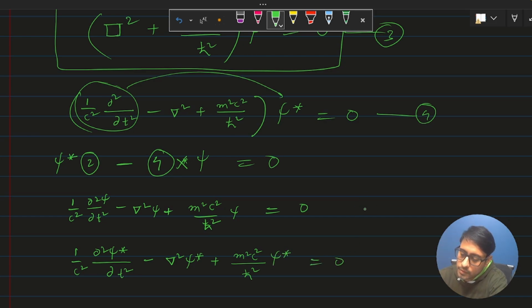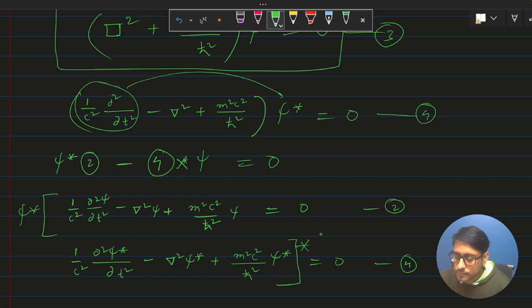So this is equation number 2 and this is equation number 4. I have rewritten these things. Now we are multiplying psi asterisk from the left and we are multiplying psi from the right, and then we will be subtracting.